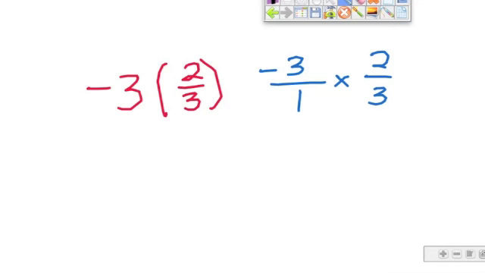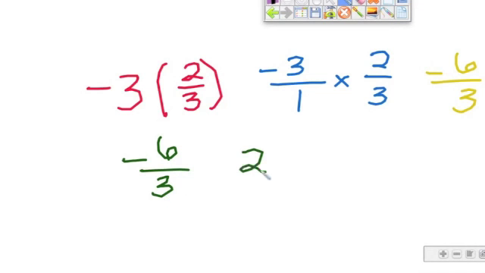All you do is multiply straight across. 3 times 2 is going to give me negative 6 on top, carrying that negative sign along with it because a negative and a positive equal a negative. And then 1 times 3 is going to give me 3. Now I can reduce this. Negative 6 over 3, 3 goes into 6 2 times, a positive and a negative equal a negative. So negative 2 is your final answer.